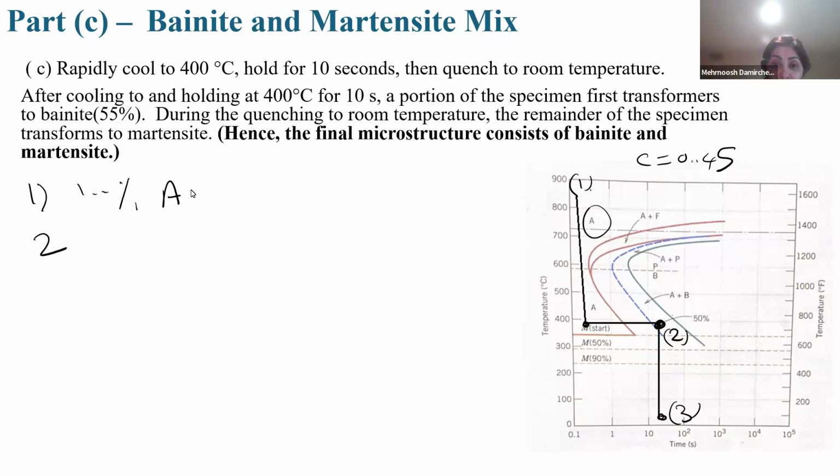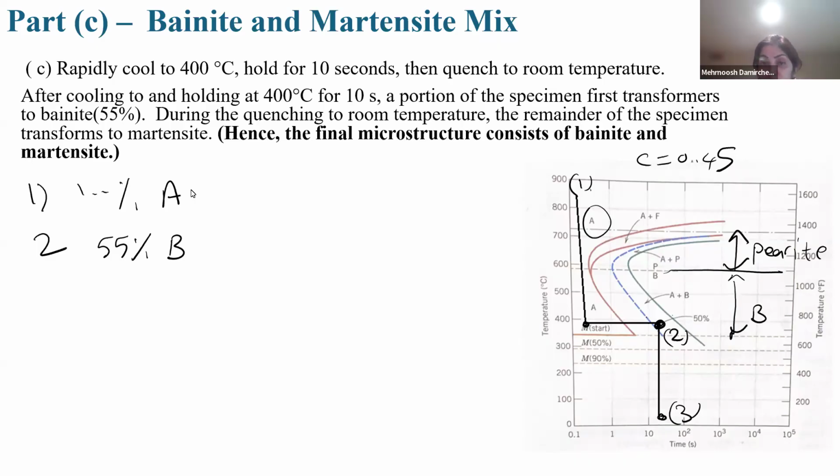So 55% is bainite, because here in this region we have pearlite, and here up to 0% we have bainite.